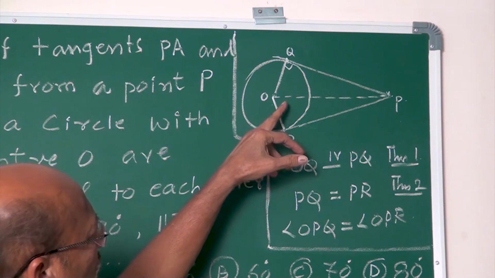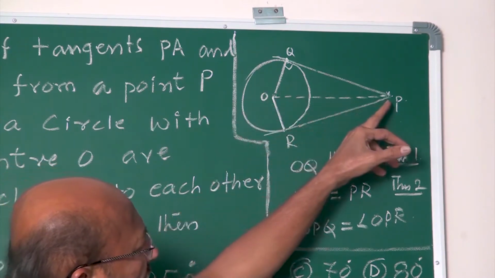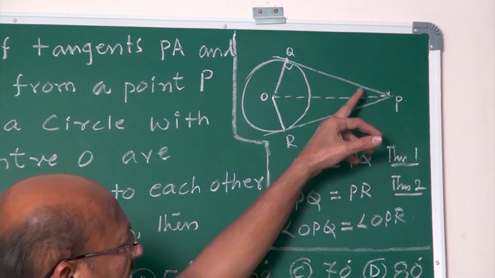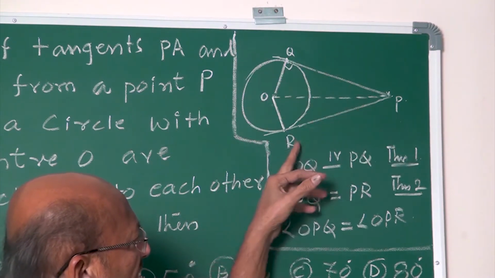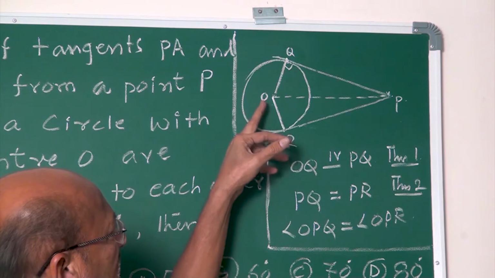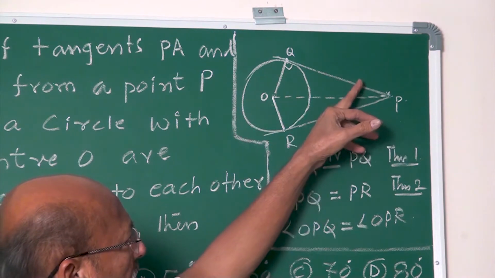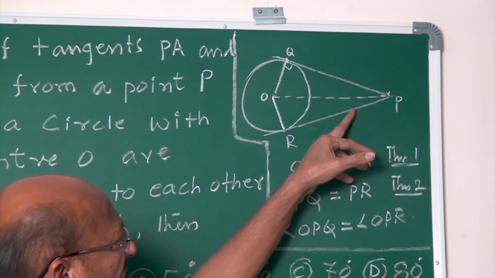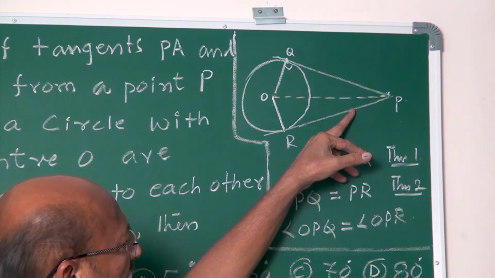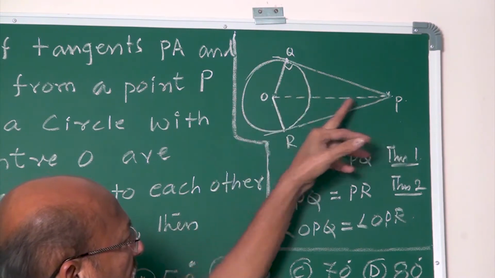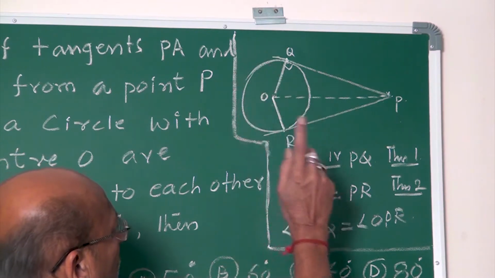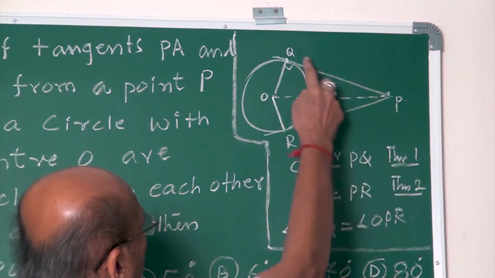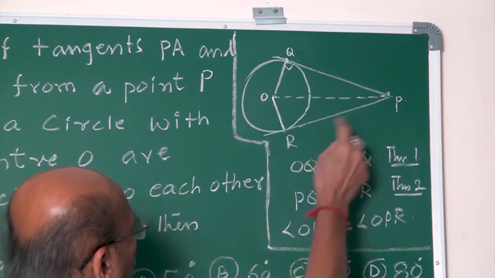And also I told that this line OP bisects the angle QPR. Therefore, angle OPQ equals angle OPR.